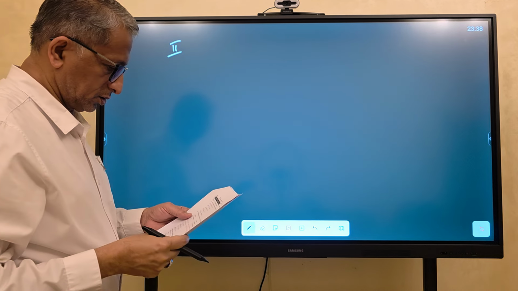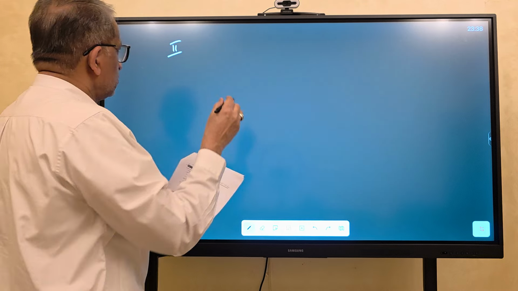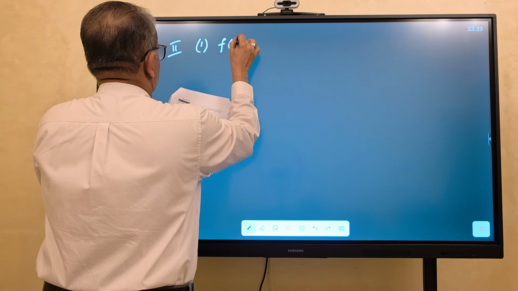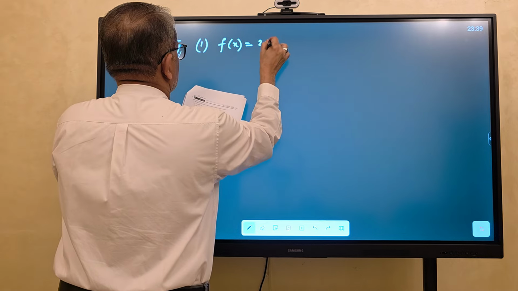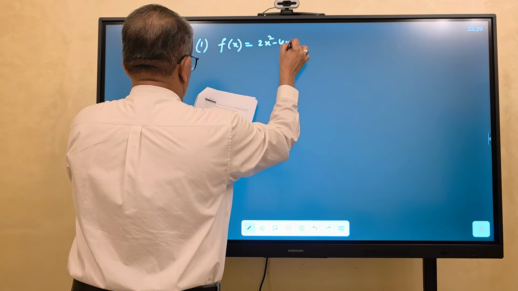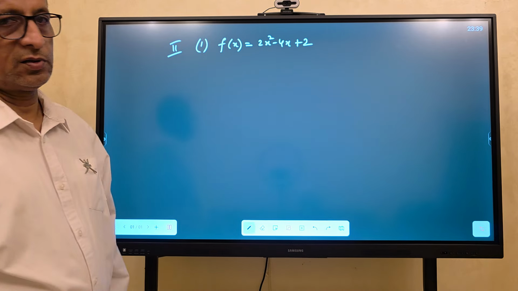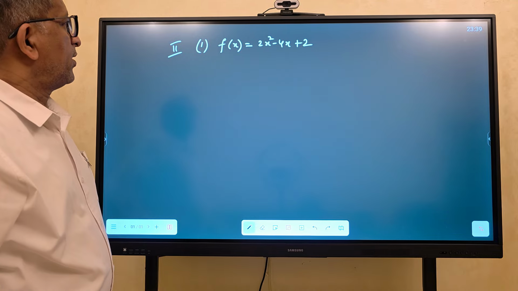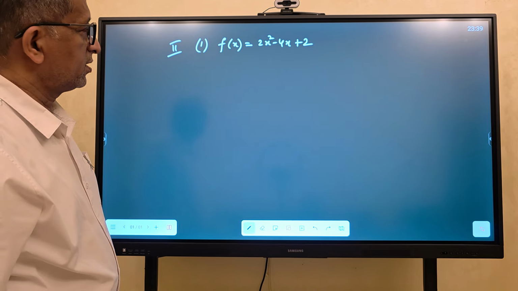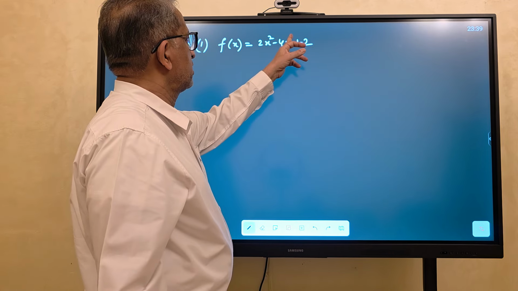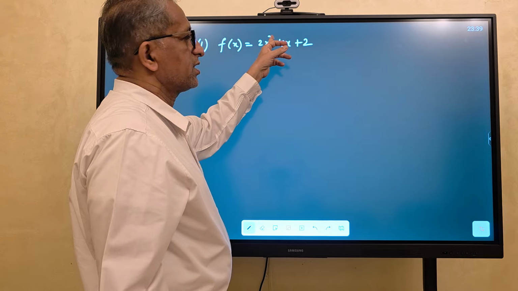This is very important. Let me do question number 1. f(x) is equal to 2x² minus 4x plus 2. In this case, the power of x here is 1, the power of x here is 2.